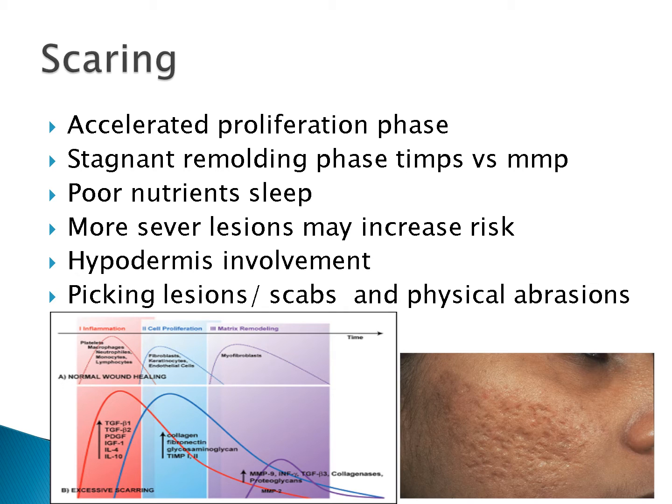Sleep may be affecting things, but it's not 100% sure how it is affecting things and to what degree. More severe lesions may increase the risk. Hypodermis involvement, meaning that the deeper a lesion is, the more likely it is to scar. And picking lesions and scabs and physical abrasion are going to cause a further increase in the risk of scarring.